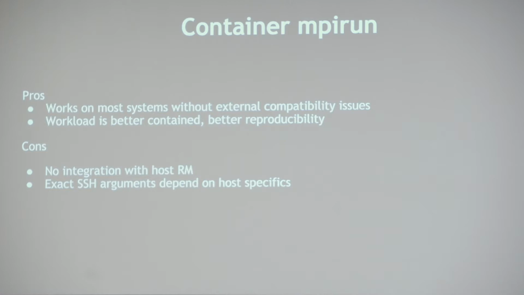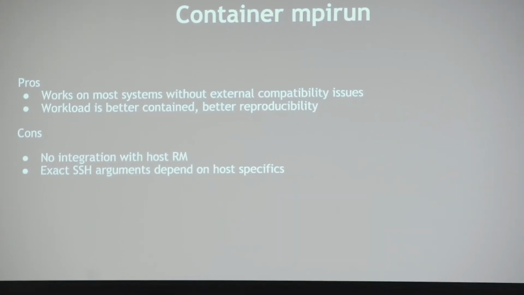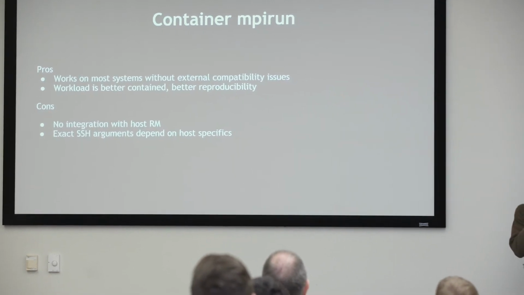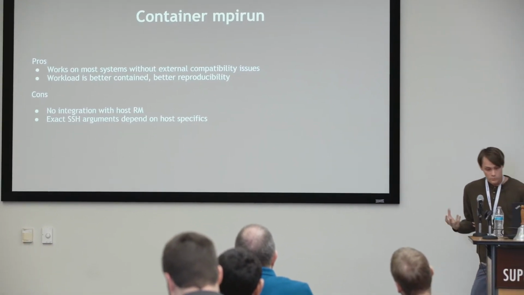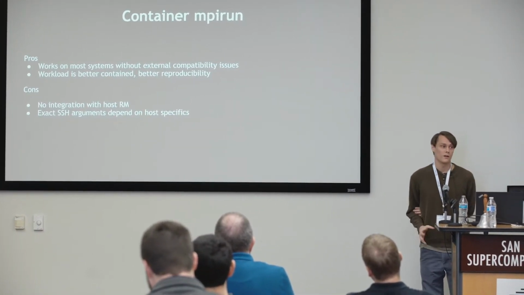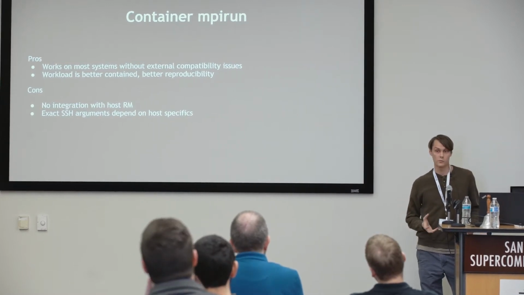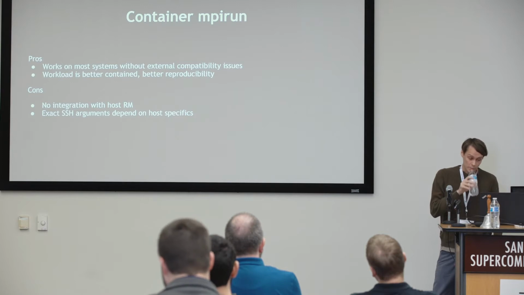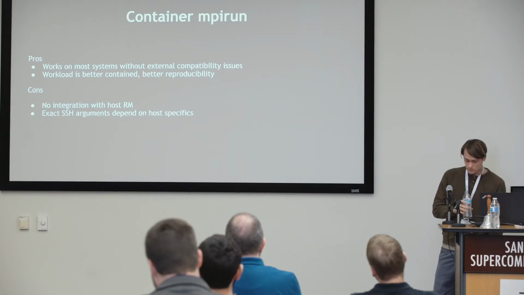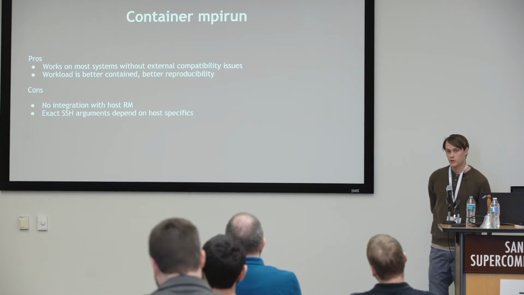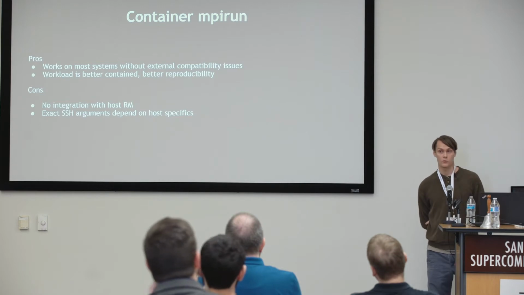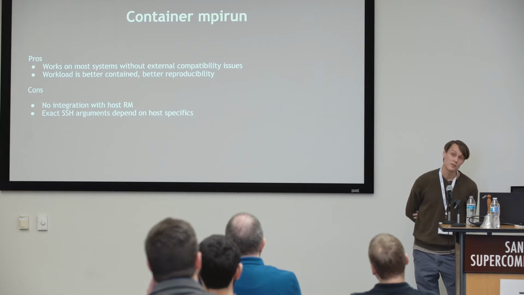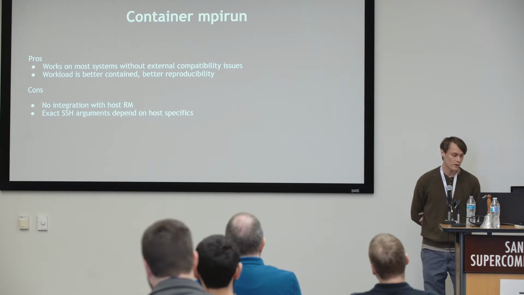So the benefit is it works on most systems as long as you can SSH to nodes that you've allocated with your resource manager. Your workload's better contained, so hopefully better reproducibility since you're not relying on many external components. But you pretty much lose all integration with the resource manager, so you're bypassing the resource manager and starting up your own daemons inside containers.